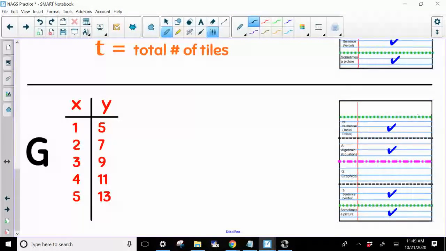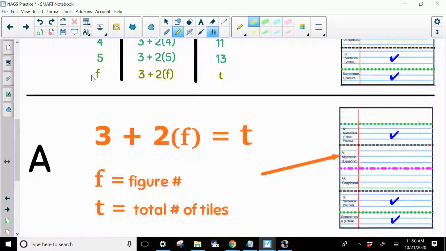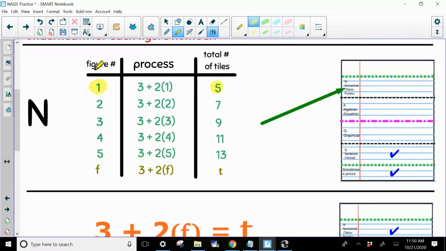We need to draw our graph. All right, so it should look something like this. And remember, along the x-axis, we went by ones. So we got 1, 2, 3, 4, 5. And our x's are going to be our figure numbers.